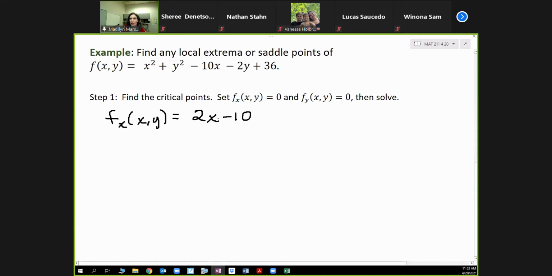So we look for the terms that have x's in them. That x squared has an x, so the derivative of that is 2x. And this minus 10x also has an x, so that becomes minus 10. Nothing else has an x in it, so those are all considered constants and they all just go away. So that is our partial with respect to x.